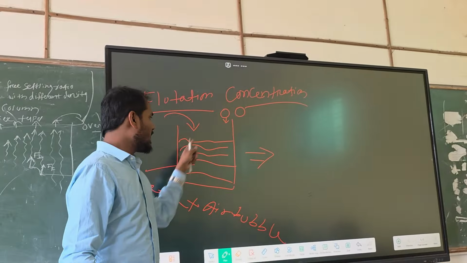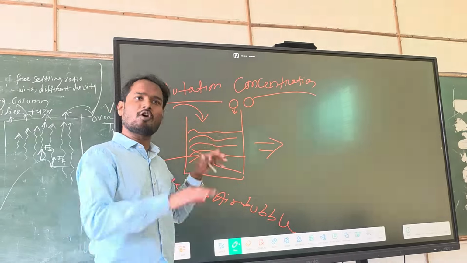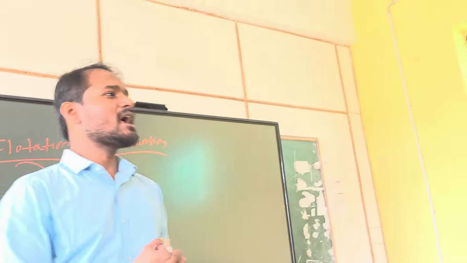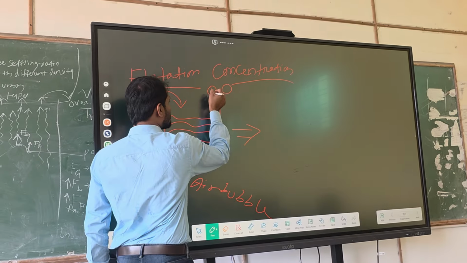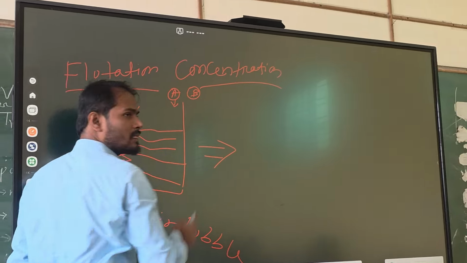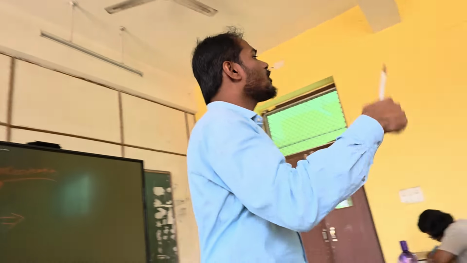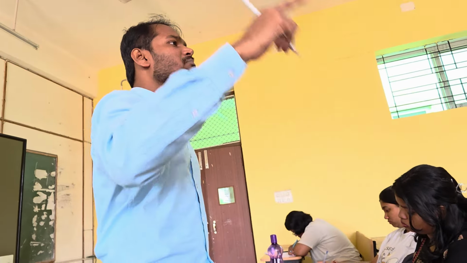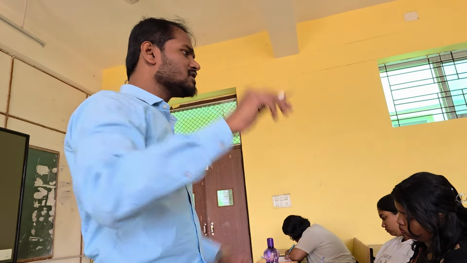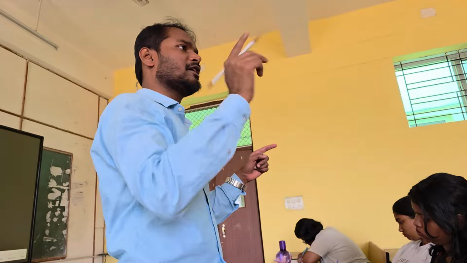So that is the situation here. You are putting two minerals and you have air bubbles and water. So what will happen? Suppose these two minerals are mineral A and mineral B. If mineral A is hydrophobic in nature, but mineral B is hydrophilic in nature, these are two different terms, hydrophobic and hydrophilic.